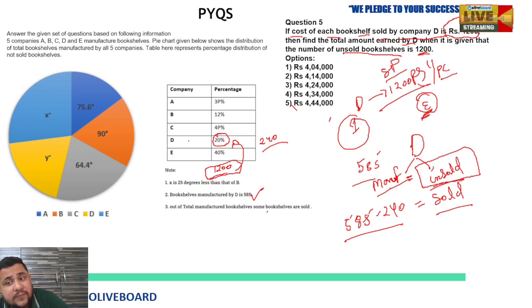As per the question, we have to decide. We cannot fix the value of unsold books, because total unsold books change from question to question. Here you can see 1200. In that question it was with respect to E actually, not D.